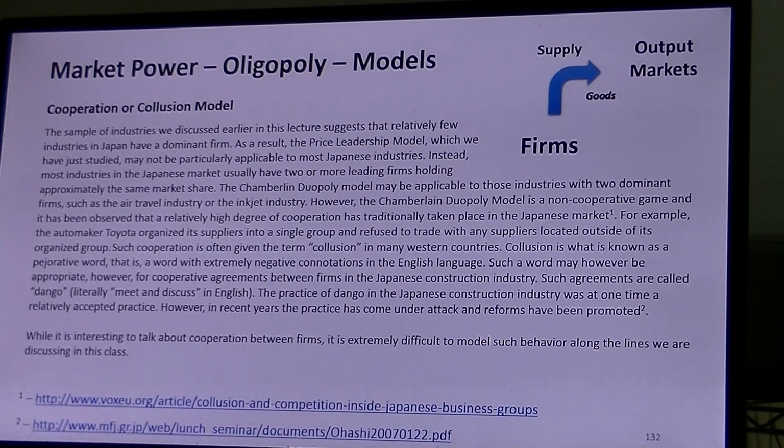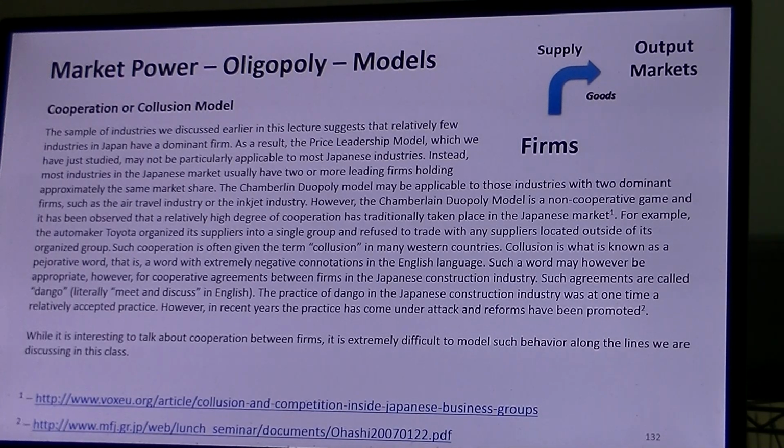In the West, it's often called collusion. And such agreements, especially for example in the construction industry, are called dango. The literal meaning is meeting and discussing. It's a less common practice than it used to be, but it does exist.